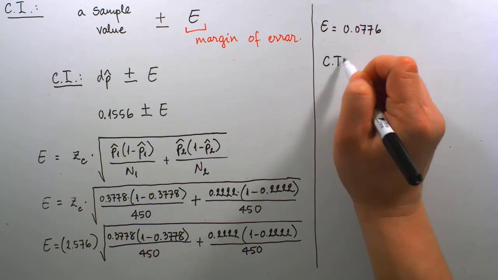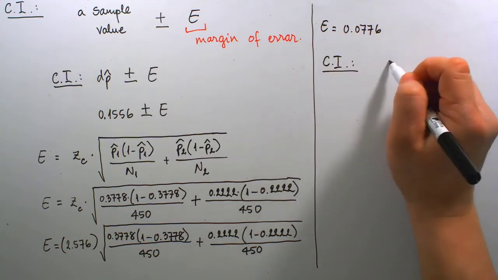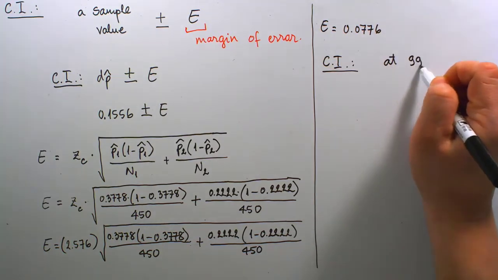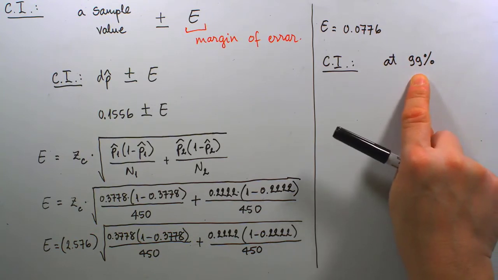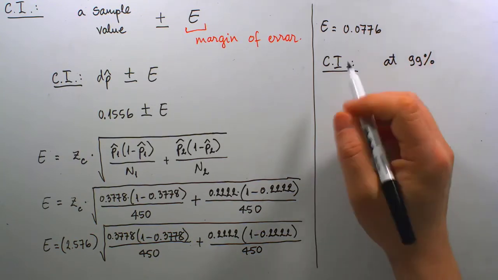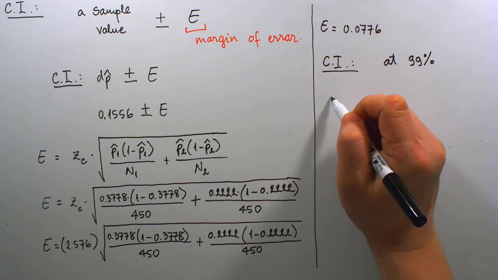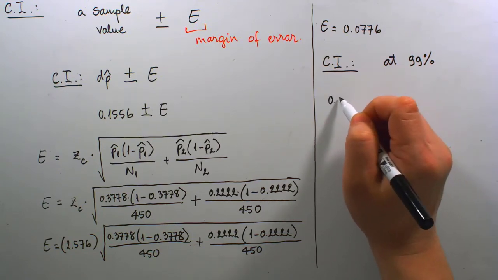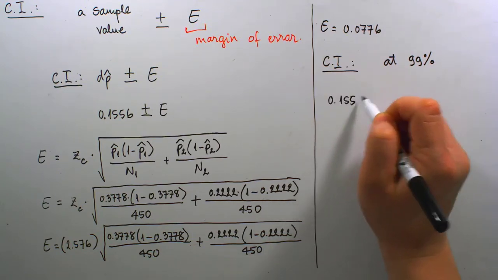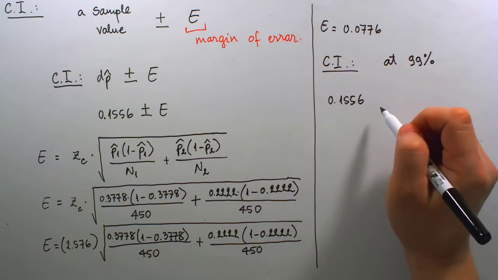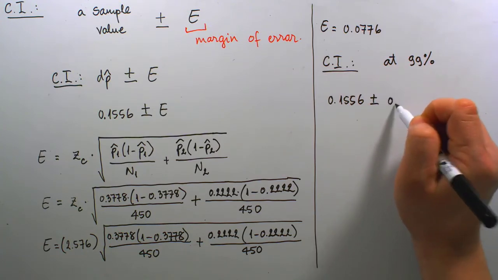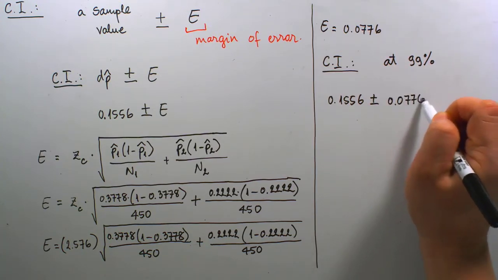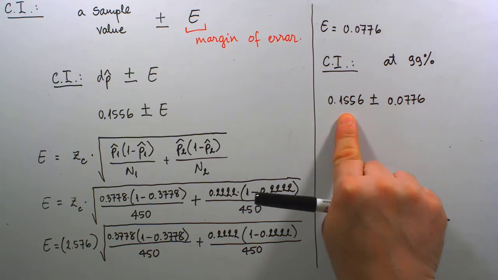Now, with the margin of error that we're doing here, our final confidence interval is ready. What it says is that at the 99% confidence level, or 99% success level, we found the difference dp is anywhere up and down by 0.0776 from the sample difference between the two sample proportions that we had.